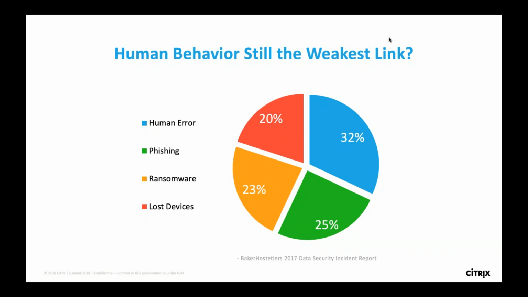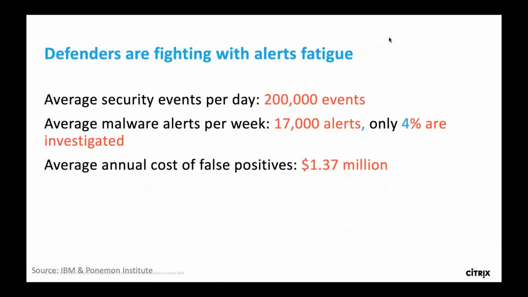People still go ahead and click on those links. So Citrix Analytics is designed to protect your organization against these kinds of human mistakes. Now, the problem with the products that are available today is that they simply collect a lot of these events and present them back to the administrators, especially people who sit in the SOCs.